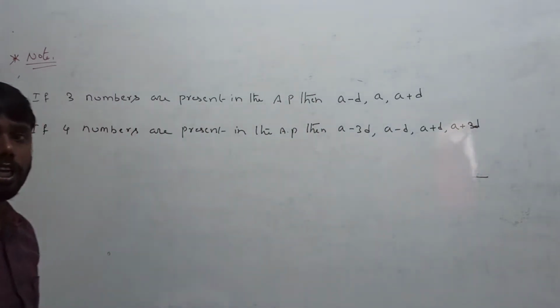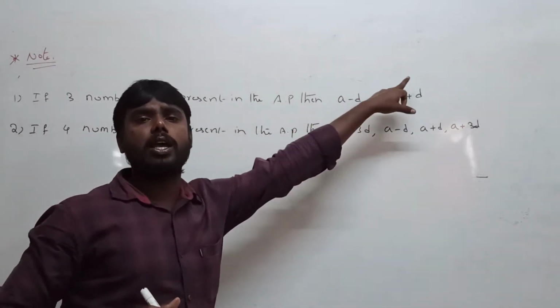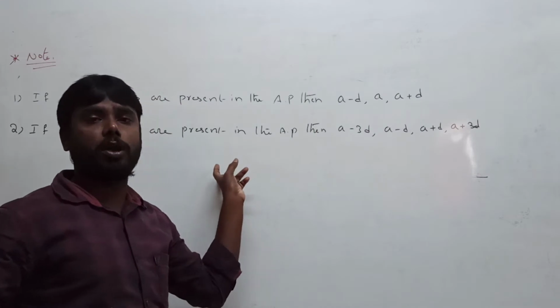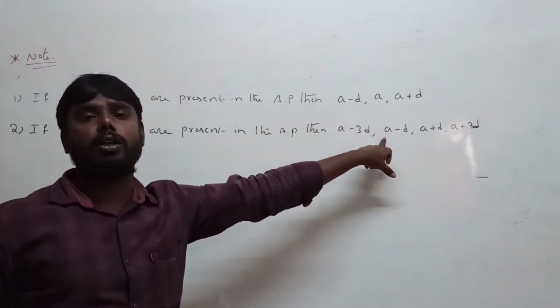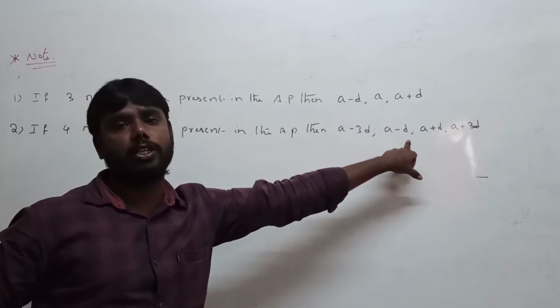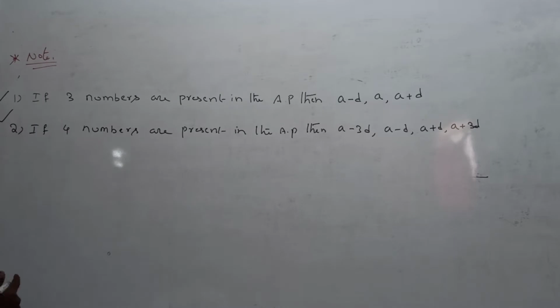Three numbers present in the arithmetic progression, we are assuming a minus d, a, a plus d. Four numbers are present in the arithmetic progression, we are assuming a minus 3d, a minus d, a plus d, a plus 3d. These two points are very important.